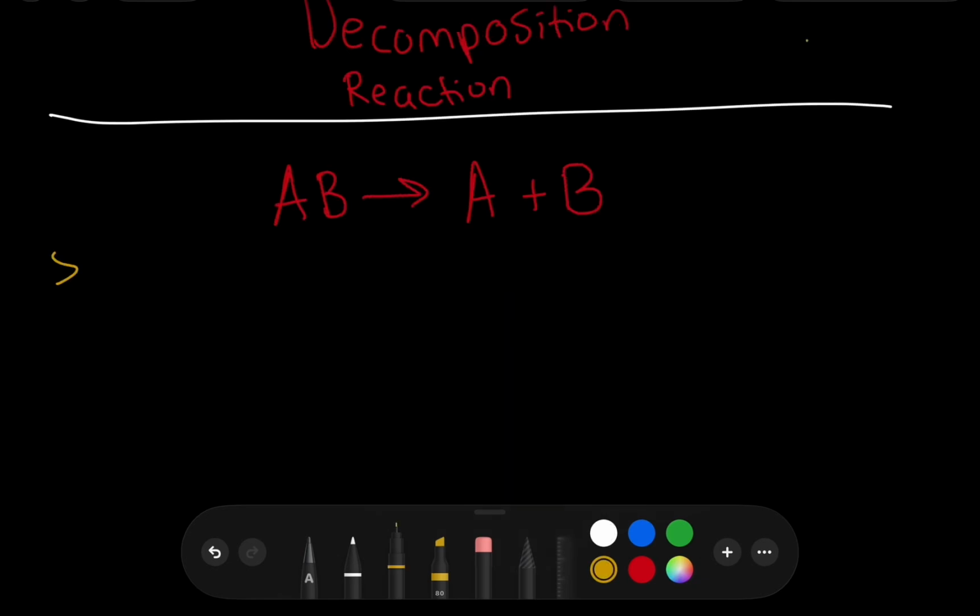Okay, now let's talk about decomposition reaction. A decomposition reaction is almost like the opposite of a synthesis reaction, because here we're taking a single complex compound and breaking it down into 2 or more simpler substances.